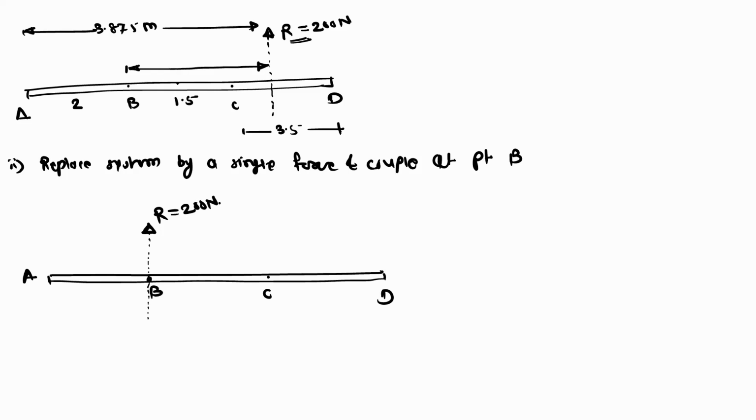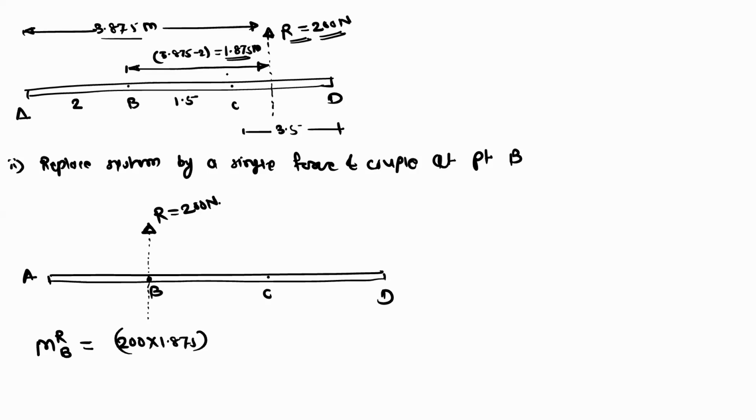Okay. So if you observe this diagram, the total distance is 3.875 with respect to A. Okay. And the A to B distance is equal to 2 meter. So this remaining distance is equal to 3.875 minus 2, and that is equal to 1.875 meter. Okay. So now take the moment by 200 Newton about the point B. That moment by the resultant about the point B is equal to 200 into 1.875.